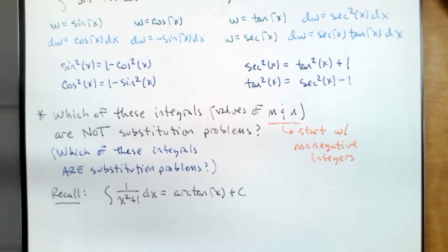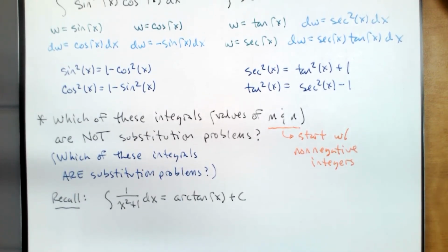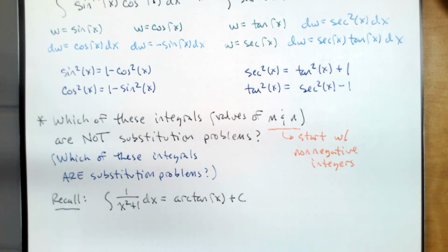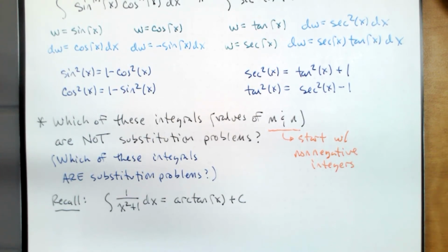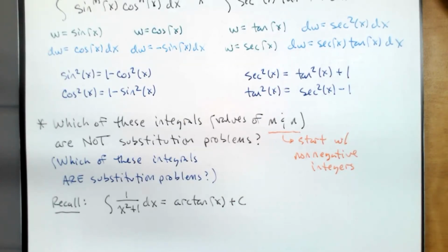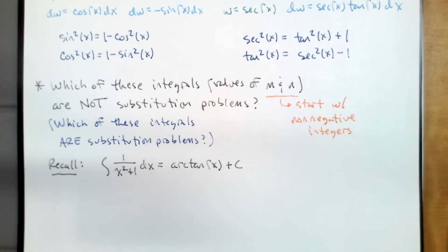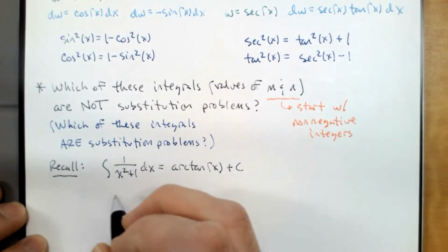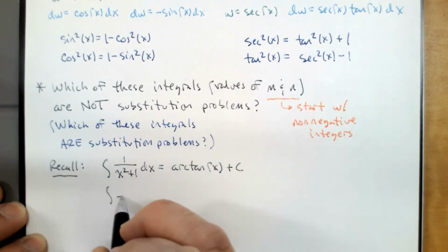I think this book listed it as x squared plus 1 in the denominator. And I was raised saying 1 plus x squared because I write my polynomials constant up. But I don't know where I picked up this x squared plus 1 stuff. So we had some integrals. There was one that we did with substitution.